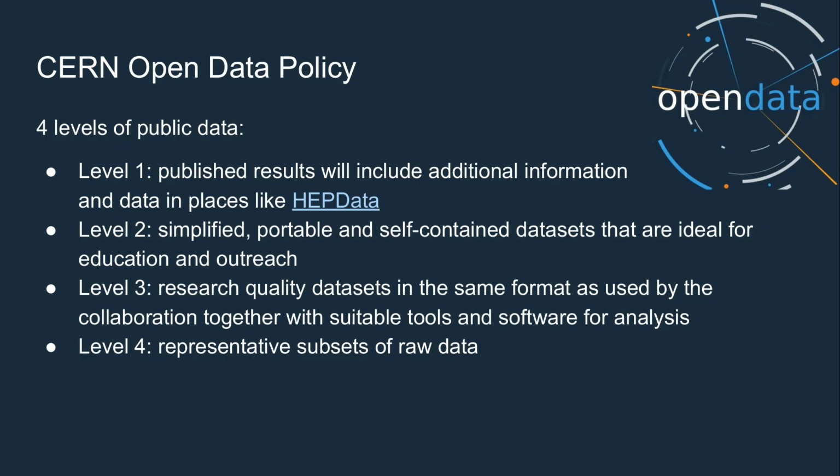The second level is for simplified and portable data sets, and these are generally more tailored towards outreach and education use. The third level is for research quality data sets, and these would be close to what we would actually use in a real analysis.